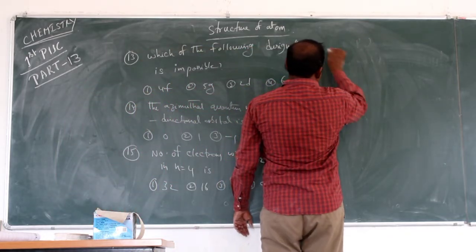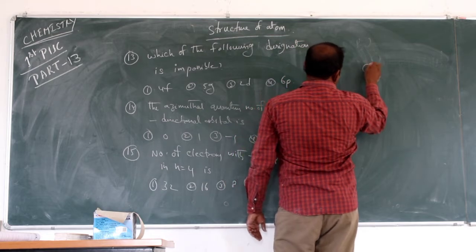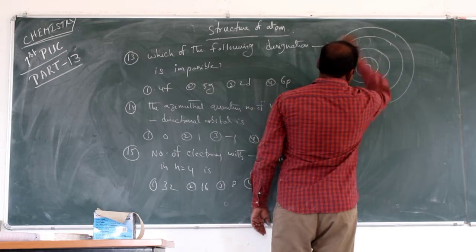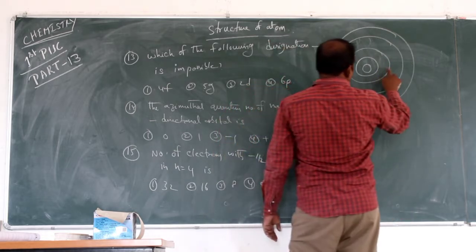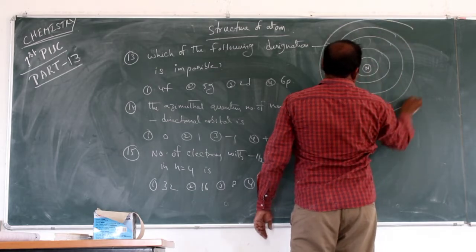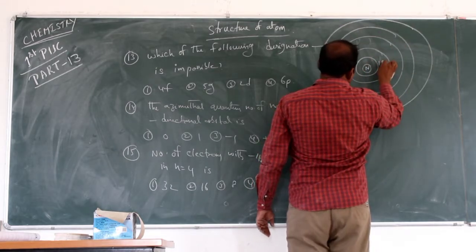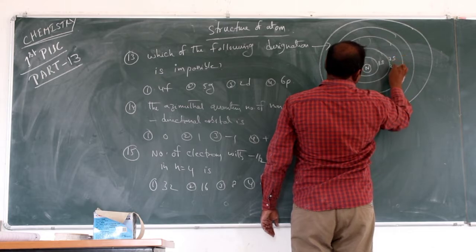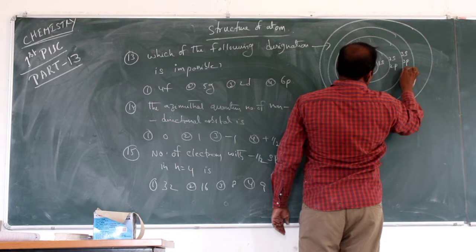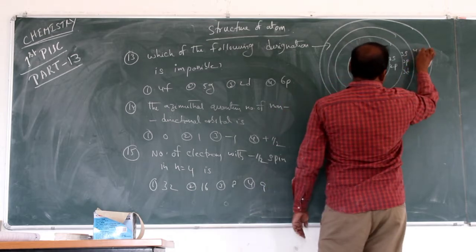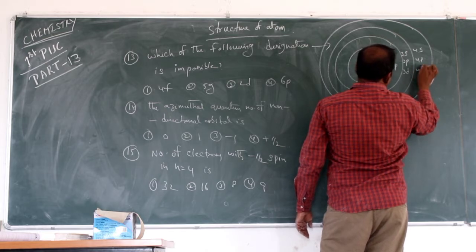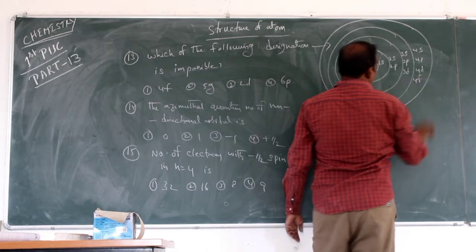See, this is the first orbit, second, third, fourth, fifth, and this is the nucleus. So here 1s, next 2s, 2p, next 3s, 3p, 3d, next 4s, 4p, 4d, 4f.